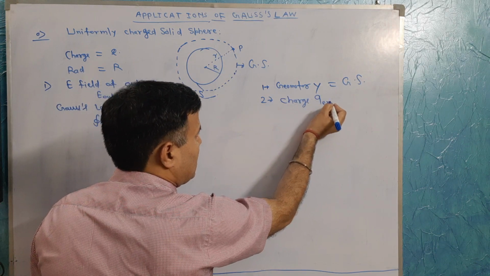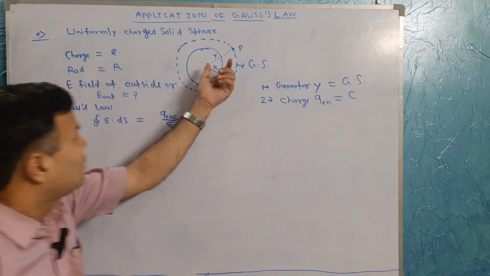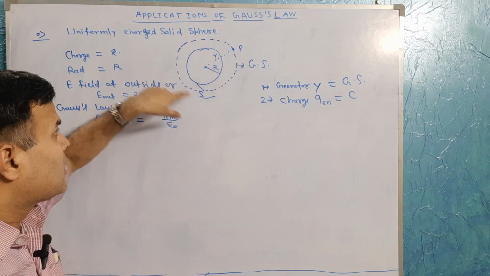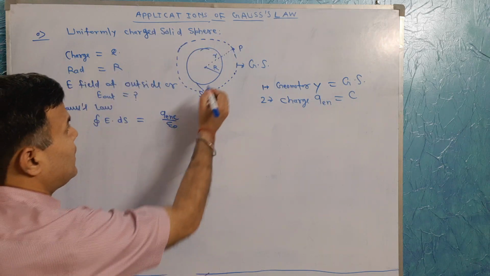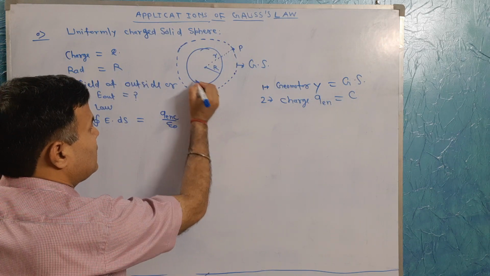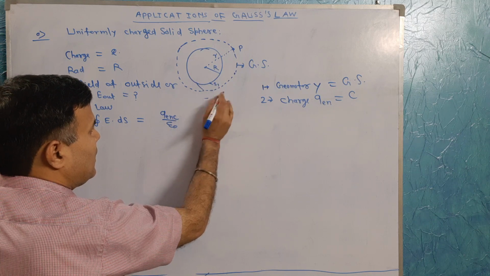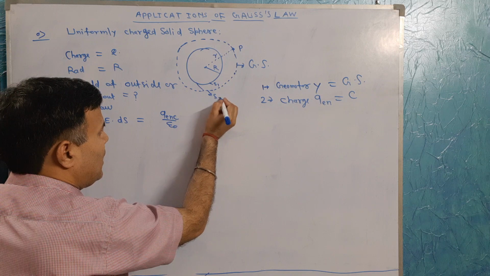Q enclosed in this case, because this is a uniformly charged solid sphere. So what is the charge enclosed in this surface? Let me rewrite. If this surface is S1, then this surface is S2.